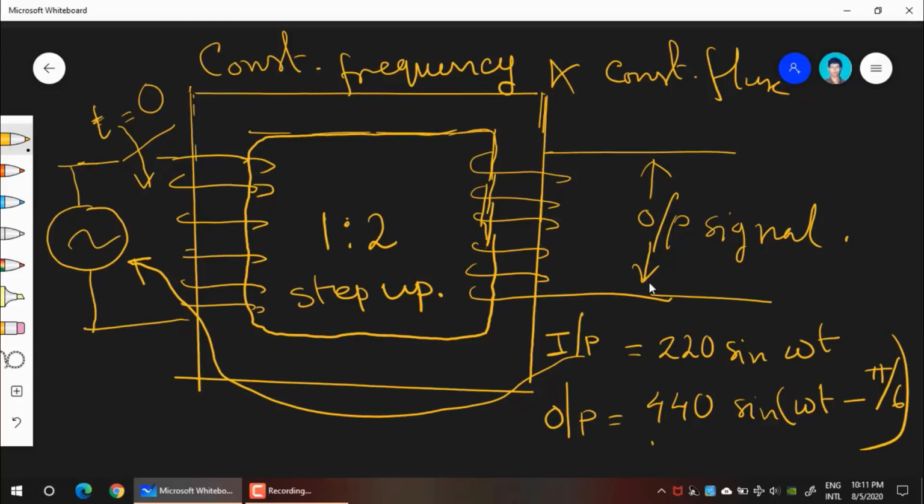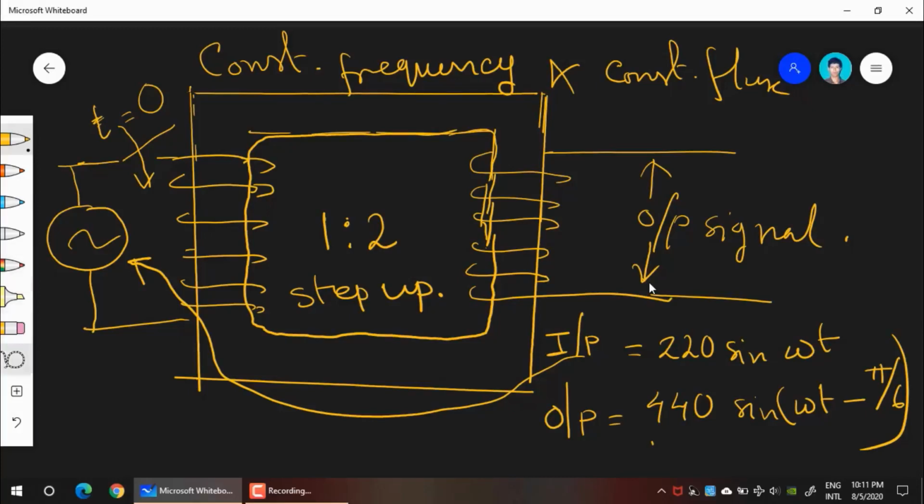Now the biggest question is, do you think at the very beginning of that switching we will get this 440 sin omega t minus pi by 6, or do we have to wait for some time after which we will get this signal?